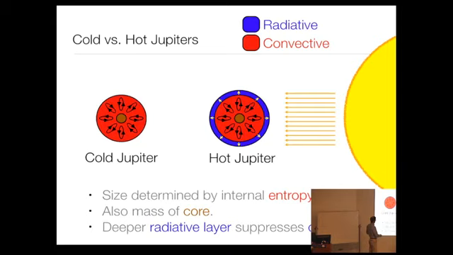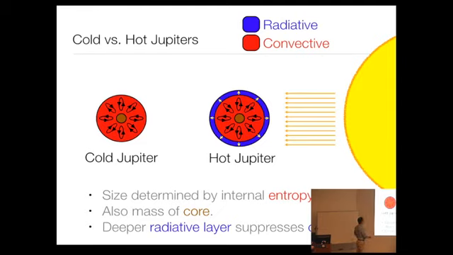Hot Jupiters, because of the intense irradiation they receive from the outside, have their outer layers forced into a temperature distribution that's more isothermal, redistributed by winds, that's incapable of driving convection, so there's a much thicker radiative layer surrounding these hot Jupiters. Of course, even that thickness is exaggerated a bit in this cartoon.